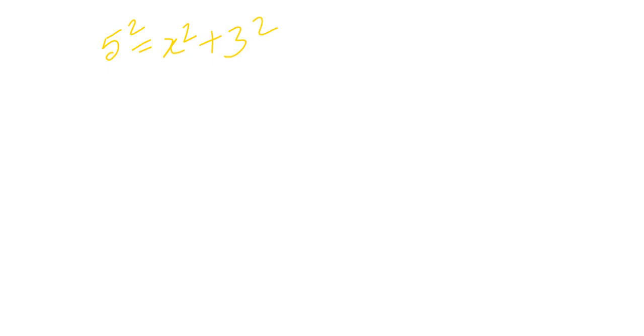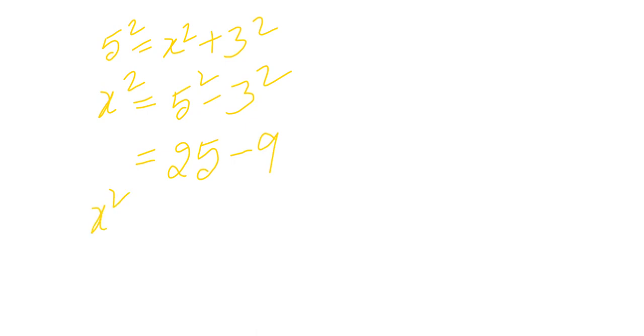So x square is equal to y square minus 3 square. Y square is 25, minus 3 square is 9. X square is equal to 16. X is equal to root 16, that is 4.